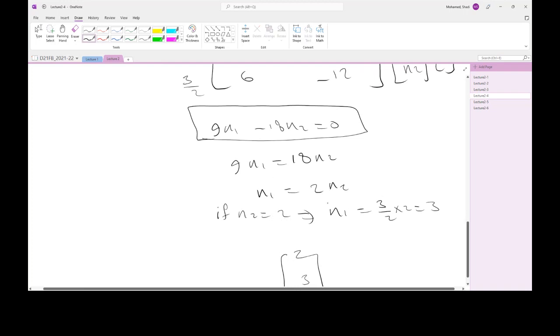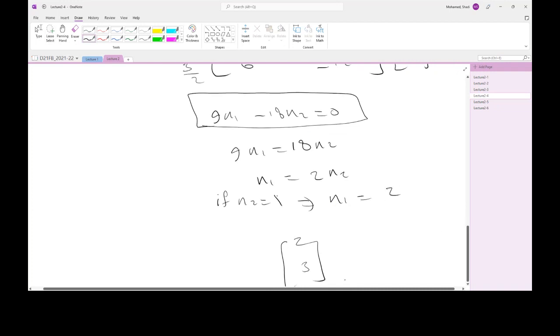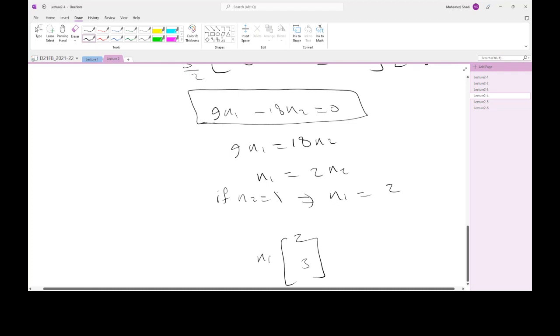So in this case, if you pick any value for n2, you will get a value for n1. And if you pick 1 for n2, you will have 2 for n1. So I'm going to call this one n1, and then I'm going to call the second one n2. It's 2 and 1.